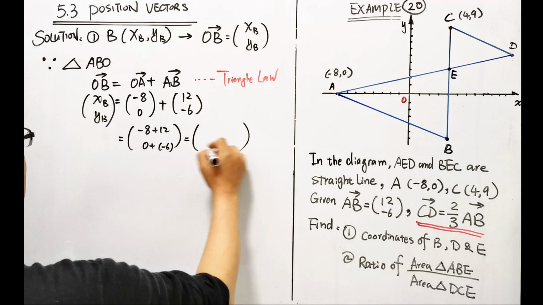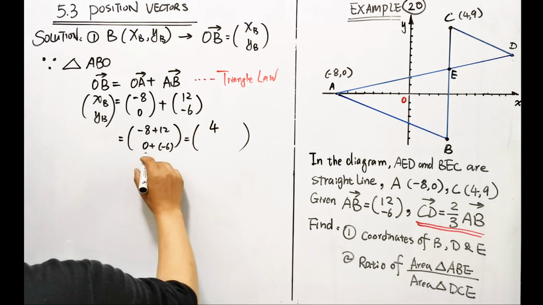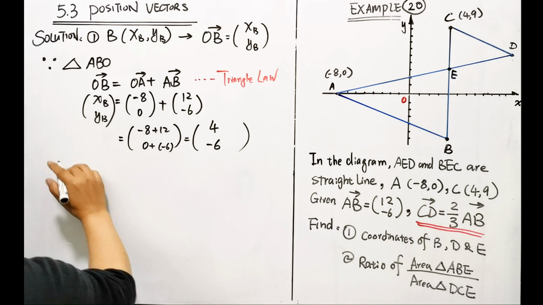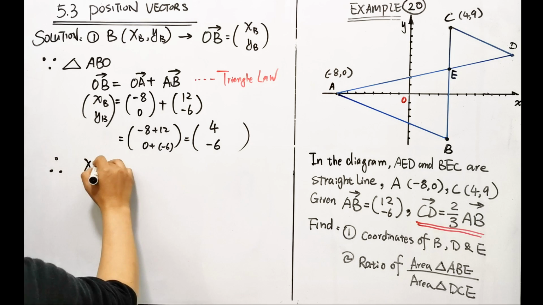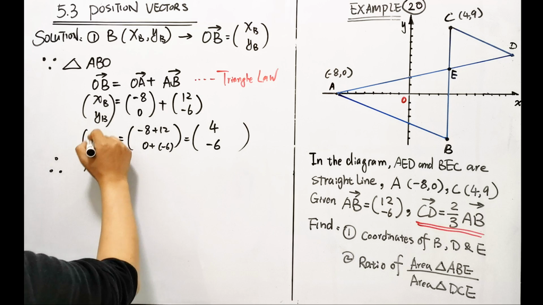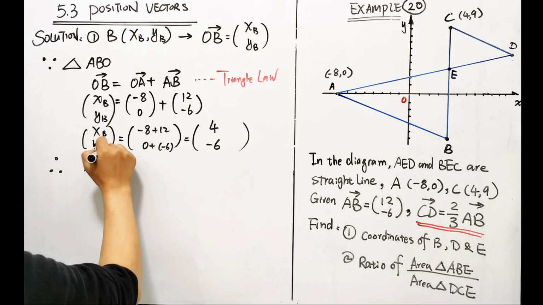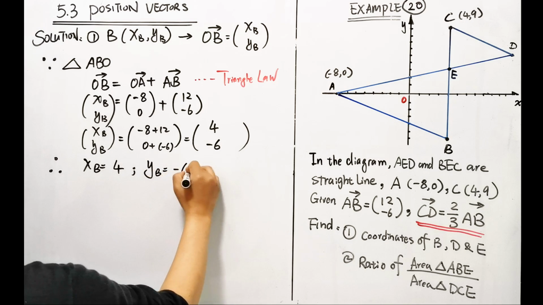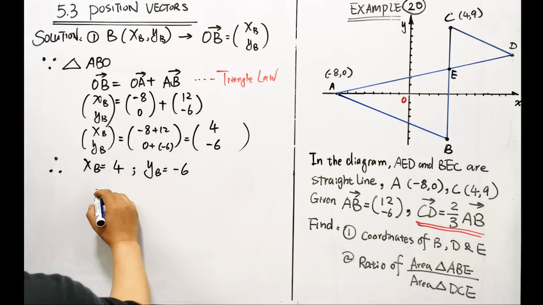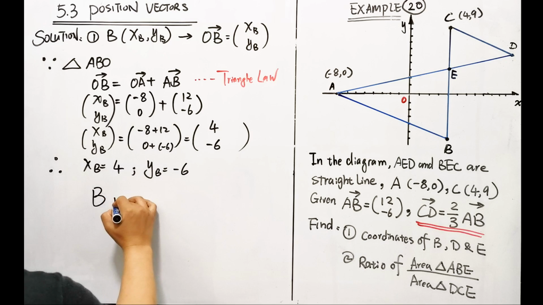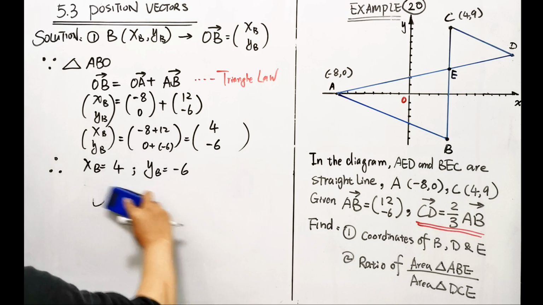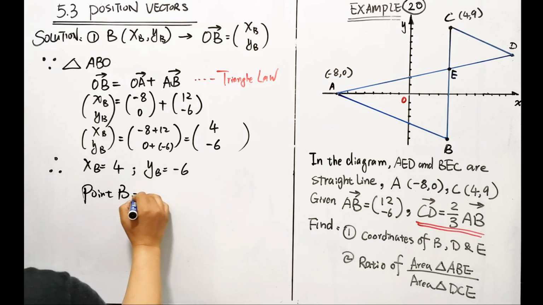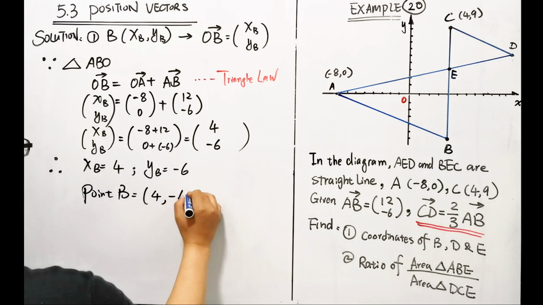So what is the answer? Adding the x-components gives 4, and adding the y-components gives -6. So XB equals 4 and YB equals -6. The coordinates of point B are (4, -6).